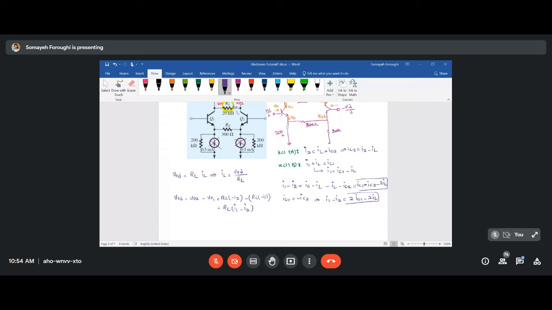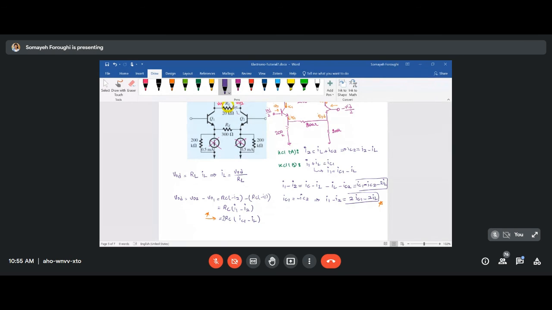I remember that I1 minus I2 also equals this. By replacing it, let me name this equation star. By replacing equation star here, my VOD will equal 2 times RC, (IC1 minus IL).